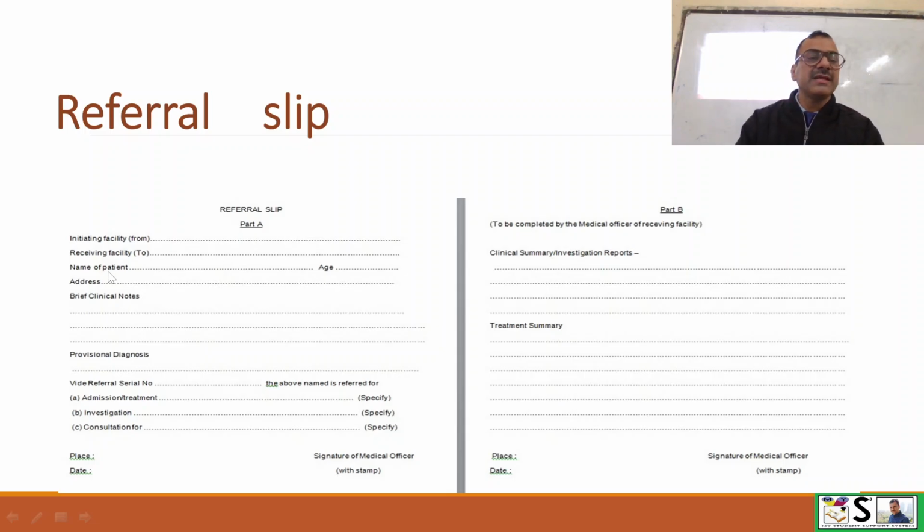Then the name of the patient, age, address, and a brief clinical note. Here the clinical note states that when the patient came with these problems, we gave some medicine, and the provisional diagnosis is written. Then the referral serial number is written as per the register, and then there are three points, A, B, C. Why are we sending the client?